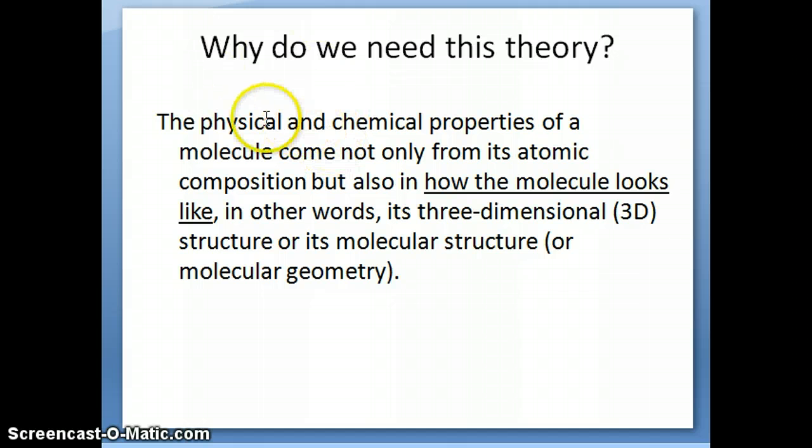Well, it turns out that a lot of physical and chemical properties of a molecule, particularly chemical properties such as whether it will undergo reactions, what kind of molecules it would bond with, and so on, come not only from the atomic composition of the molecule, in other words, what kind of atoms make up the molecule, but also from how the molecule looks in three dimensions.